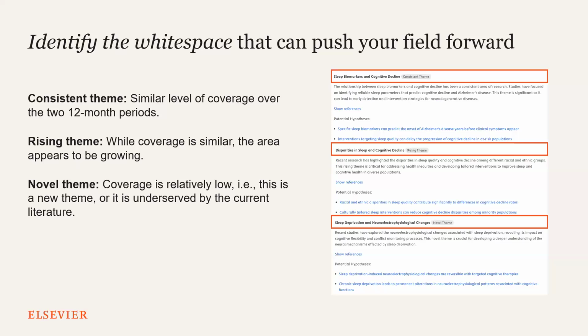What happens in the background is we've developed a new algorithm called the vector calculation service. It conducts two separate searches based on your query. One of these searches will cover the previous 12 months, and the other search will look at the 12 months prior to that.